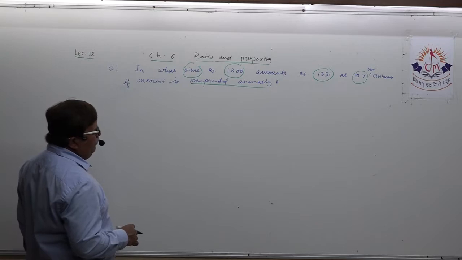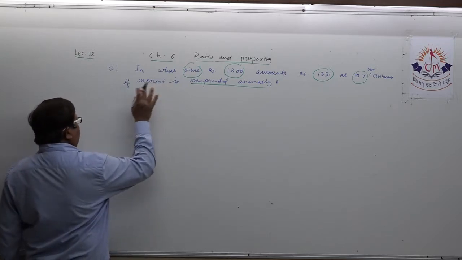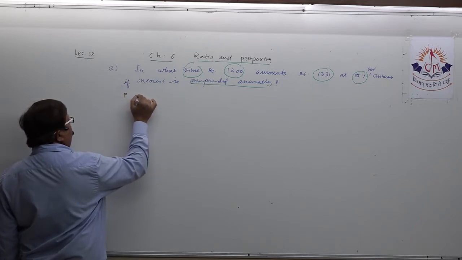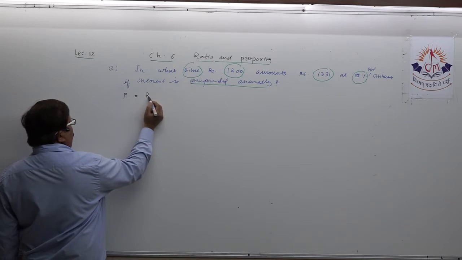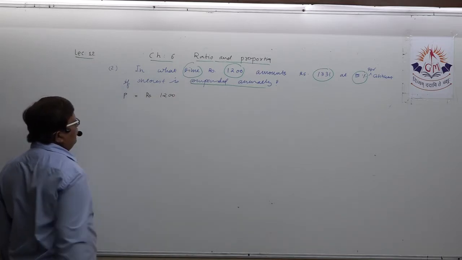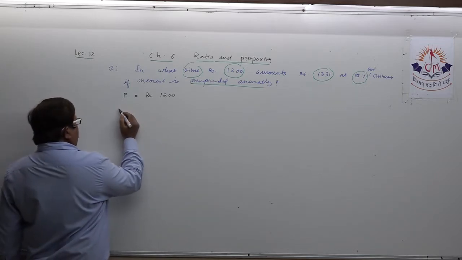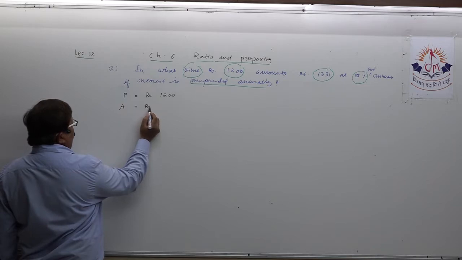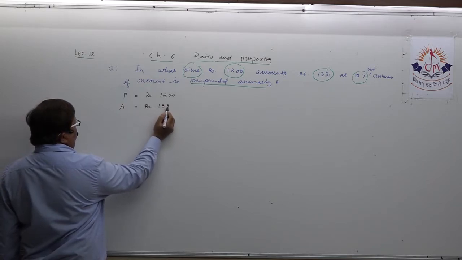First, whatever the data is given, please write it down. P equals rupees 1200. Amount equals rupees 1331.